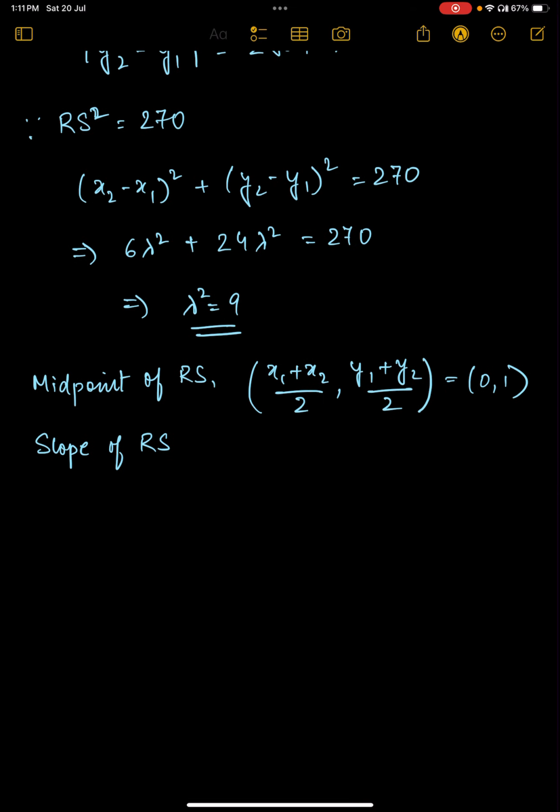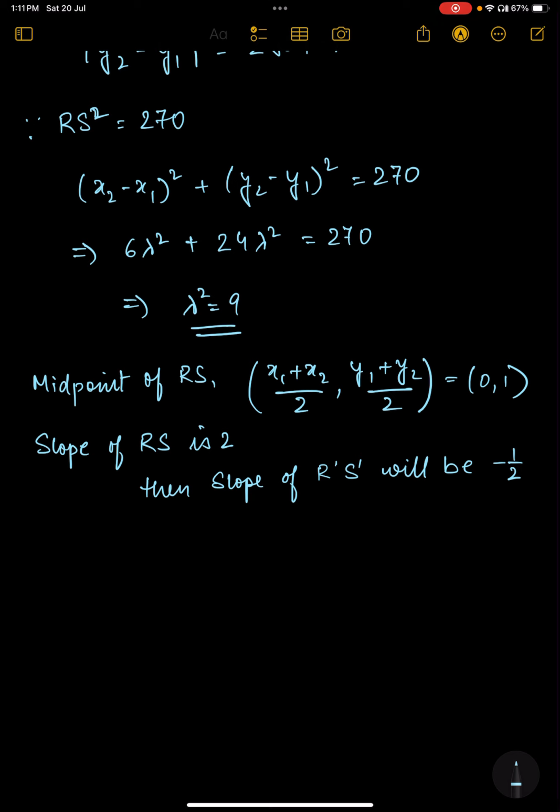Now, the slope of RS is 2. Then slope of R dash S dash will be minus half. The product of the slope of two mutually perpendicular lines is always equal to minus 1.